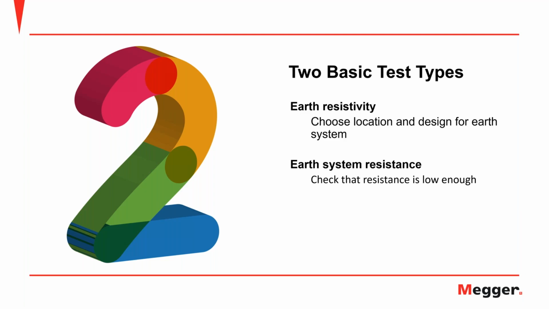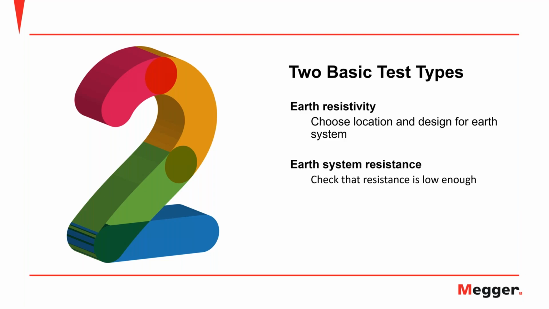There is resistivity and there is resistance. And the terms are very similar, and they do sometimes get confused in dialogue, but they're quite distinct and quite separate. Resistivity pertains to the electrical properties of the soil itself, independent of any human intervention in terms of an electrical system.